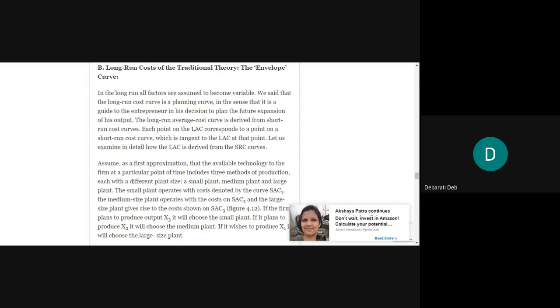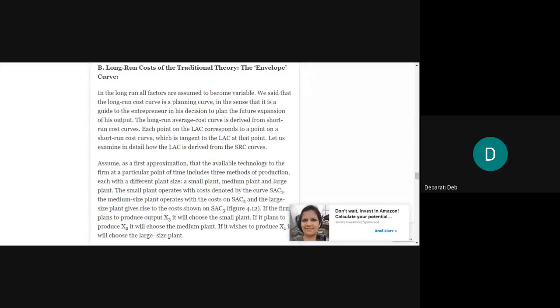Because it acts like a guide to the entrepreneur for taking his decision with regards to the future expansion of his output: what will be the optimum level of output, and what way should he go so that the productivity is optimal. So this long run cost curve will be considered as a planning curve.